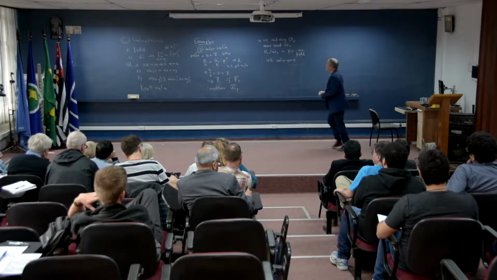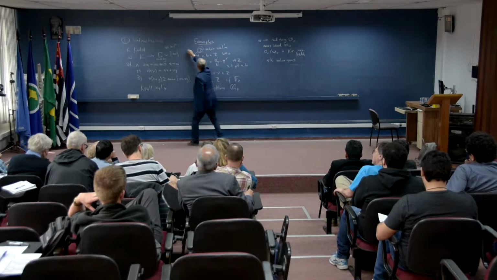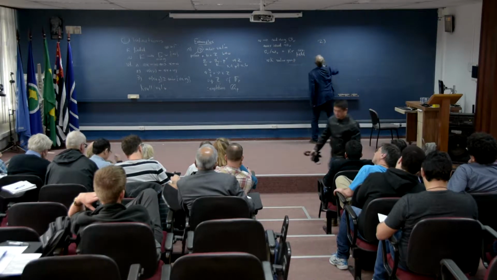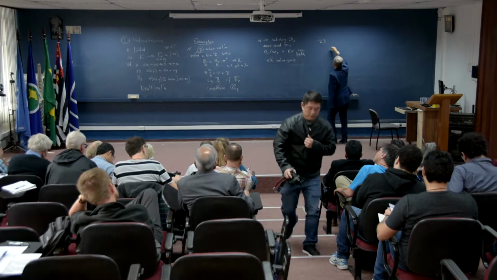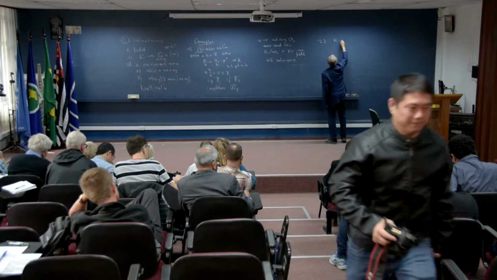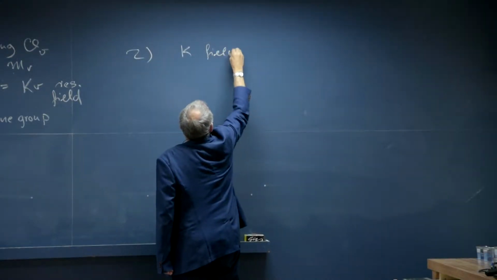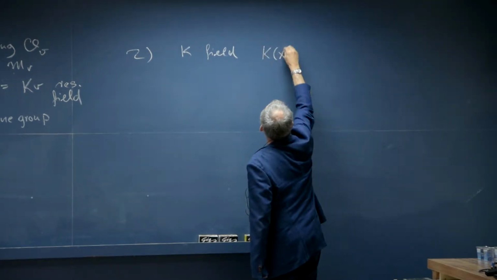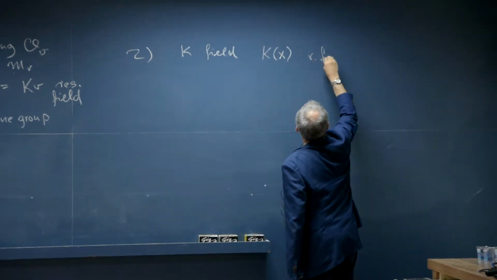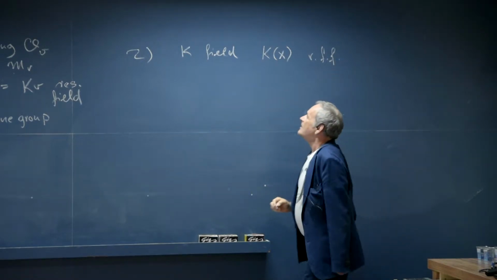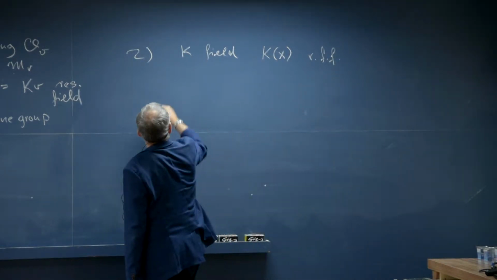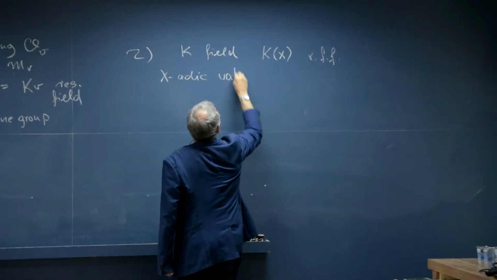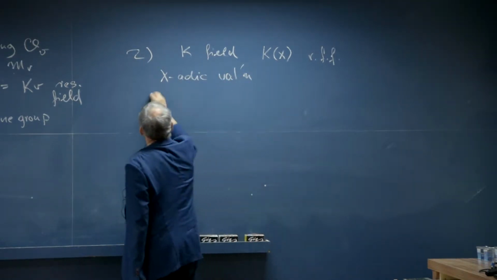The other example of valuations is the x-adic valuation. We take K, any field, and we want a valuation on the rational function field K(x). What we do is we take the x-adic valuation, which we define as follows.